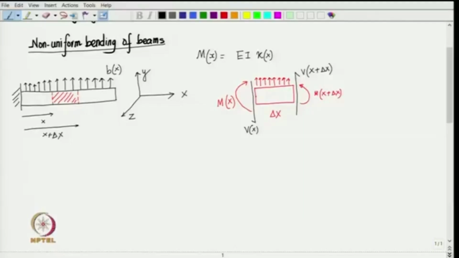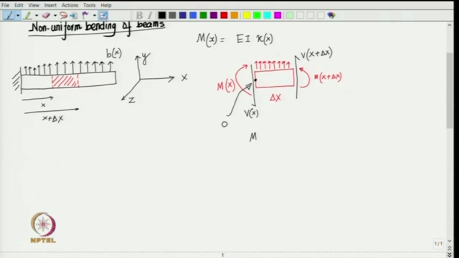Now, let us do the moment balance of this small section about the center of the left cross section. Let us call this point O. Since it is statics, the net moment about O has to be equal to 0.